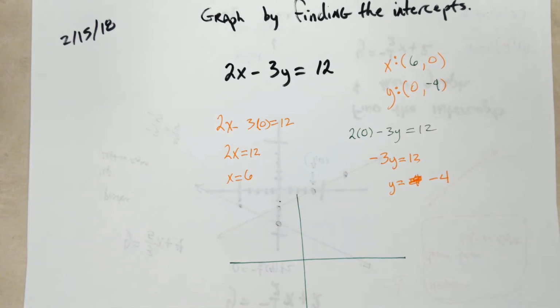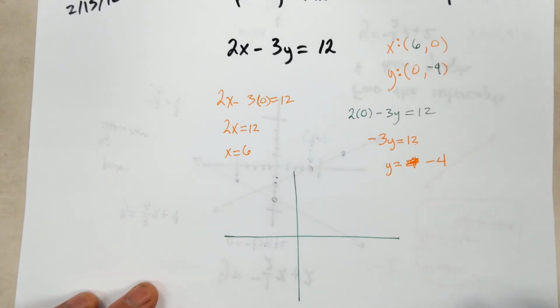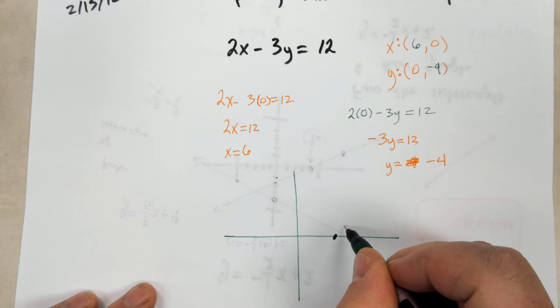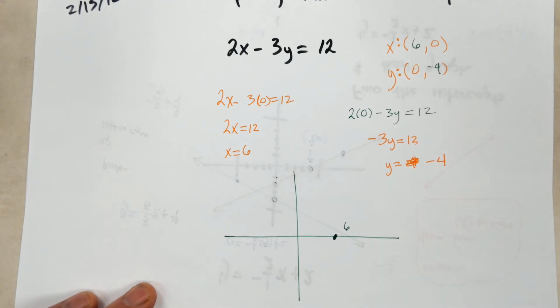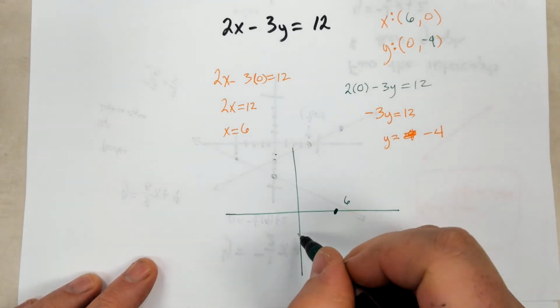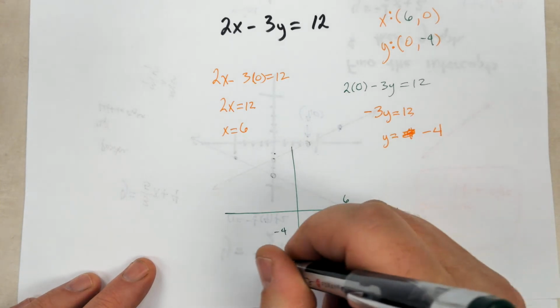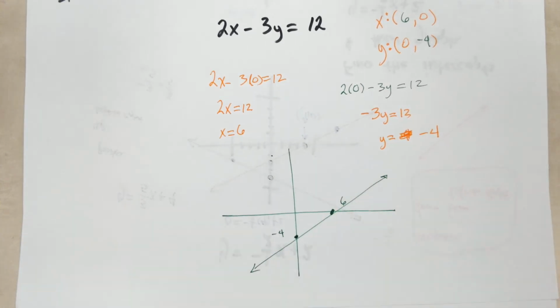So you want to graph it now? Yeah. All we got to do, we got those 2 points. All we got to do is put them on there. This right here looks like 6 to me. And this point right here looks like negative 4. Connect the points, done. That's a positive slope, doesn't it?